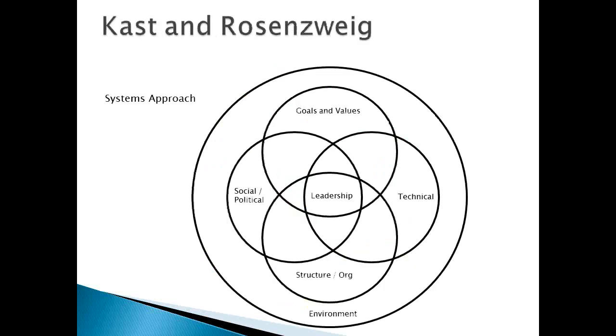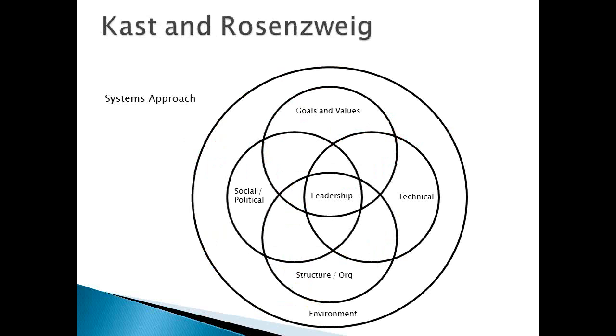Here's another model that's a little easier, and it's the one that I tend to use mostly, from Kast and Rosenzweig. They originally put this material together way back in 1979. Probably most of you weren't even born then, but it was before there was an OD program. This is the idea of systems approach, systems thinking.